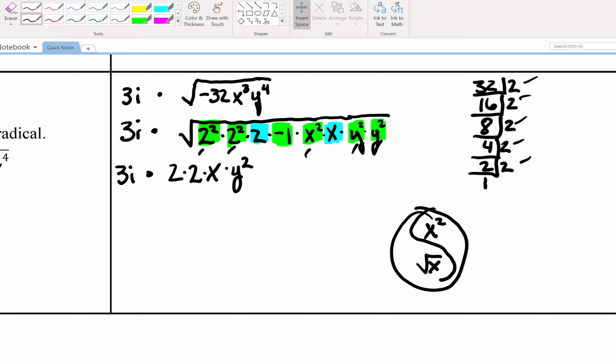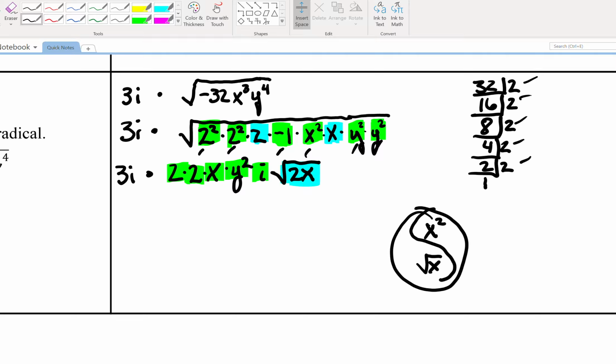And then that negative 1, the square root of negative 1 is i. So all of those came out as the result of what I had highlighted above. And this 2 and the x are going to stay underneath as the square root of 2x.